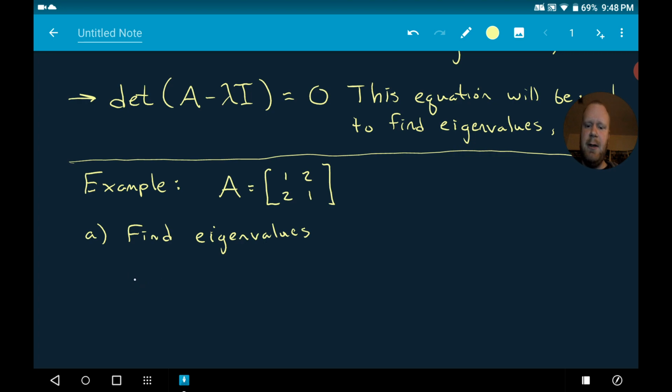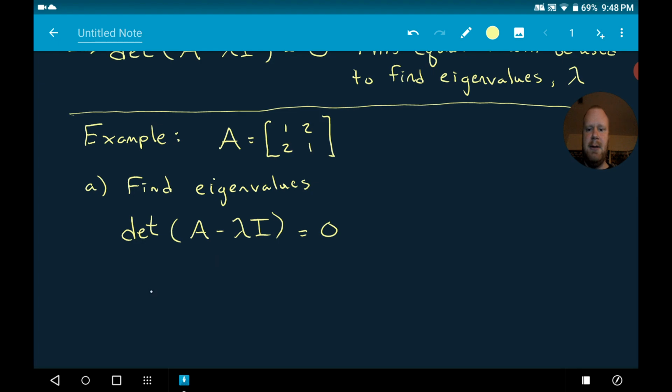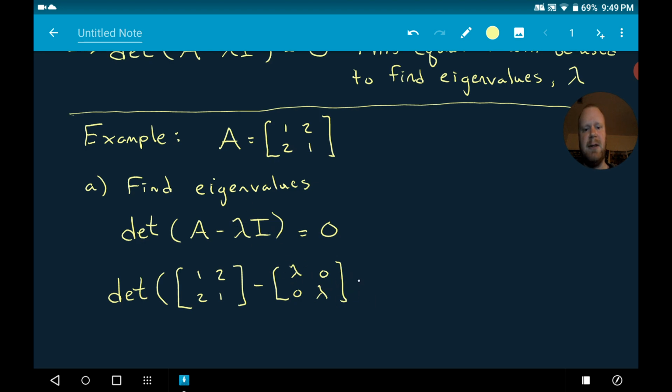So we are going to be using the equation, the determinant of A minus lambda I must be equal to 0. And we know what A is. We don't know what lambda is though, so we're just going to multiply that by the identity matrix. Right, lambda times 1, 0, 0, 1 results in this.